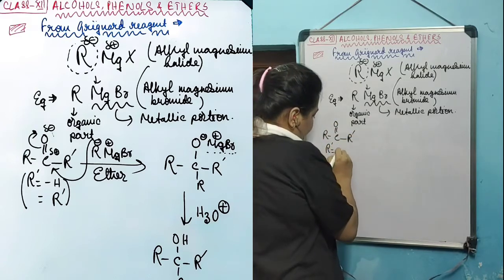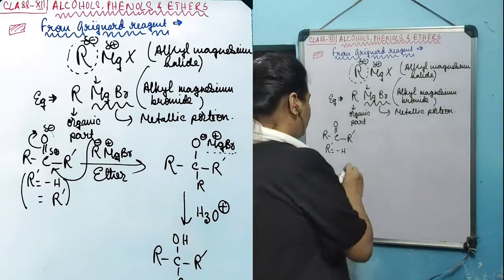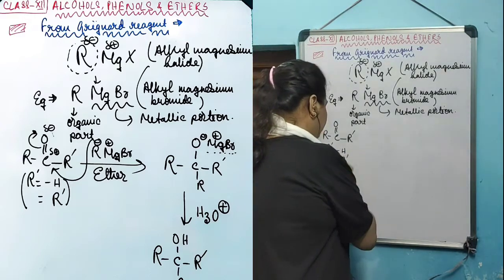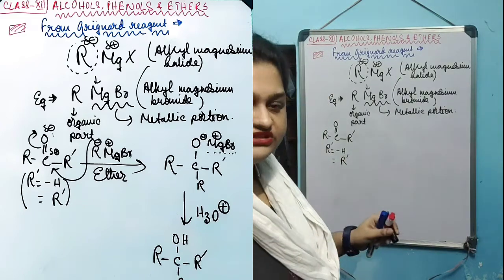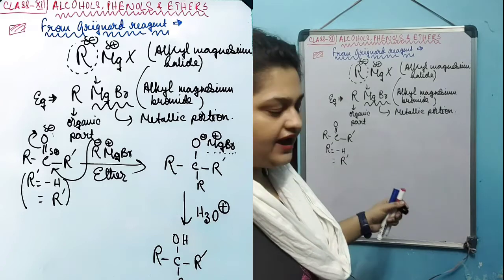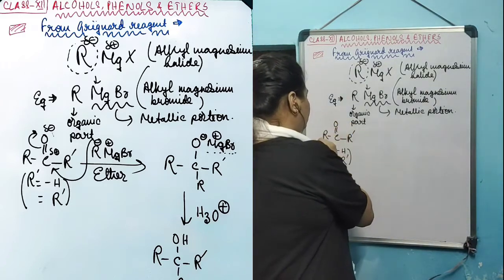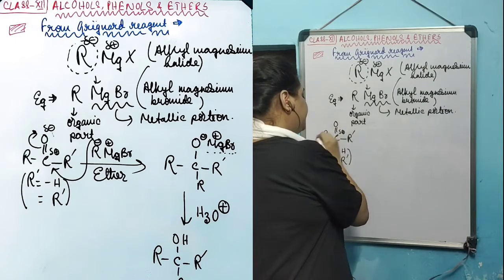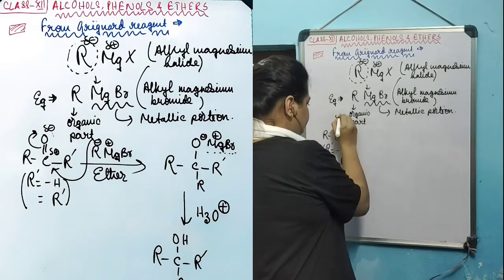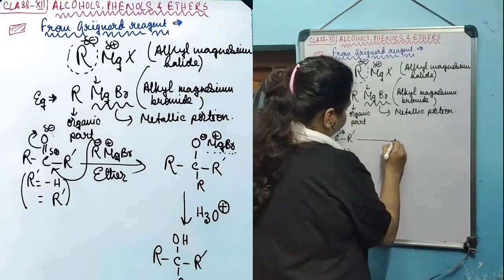R prime can be hydrogen, in which case that will be an aldehyde, or another alkyl group, maybe similar to R, maybe not, in which case that will be a ketone. We all know that the carbonyl carbon is partially positive and the carbonyl oxygen is partially negative.